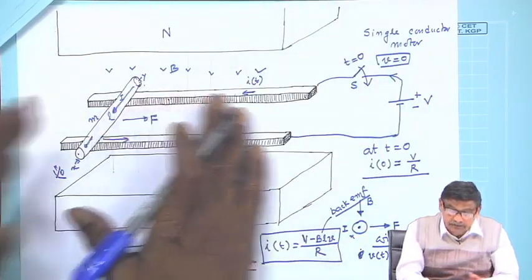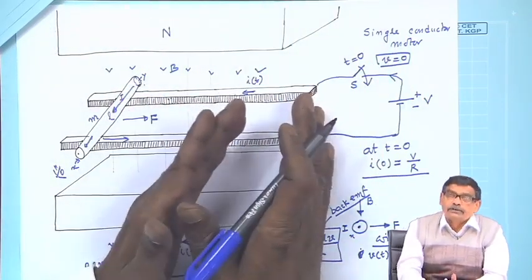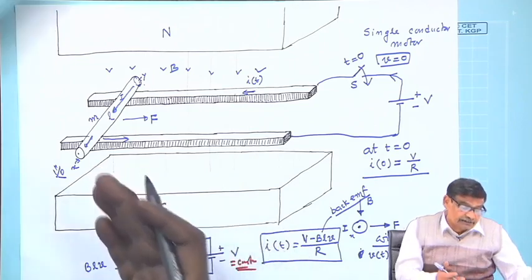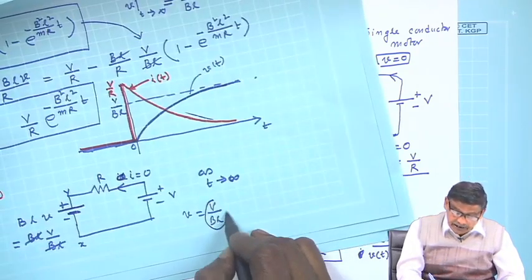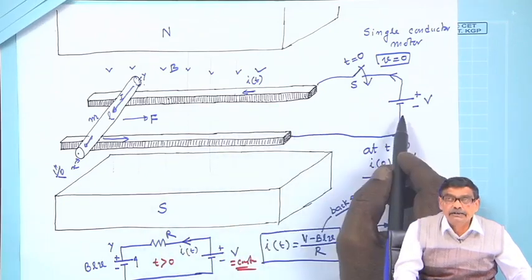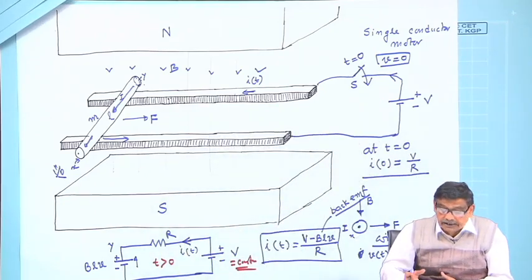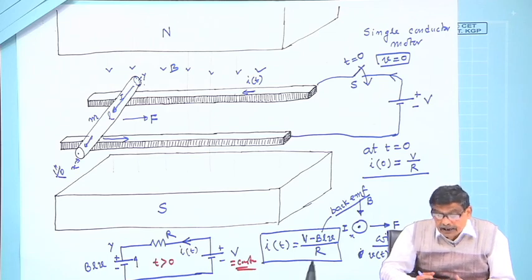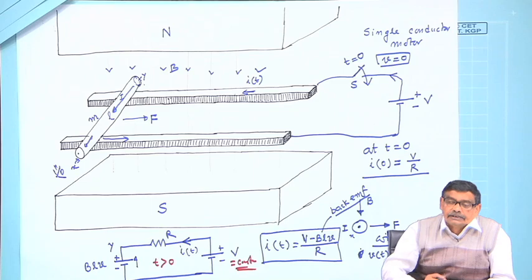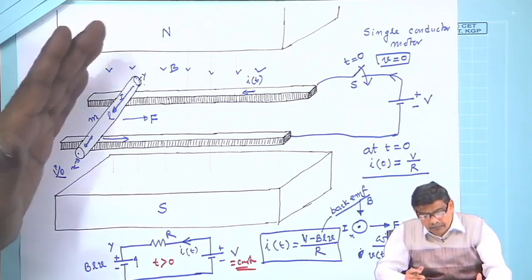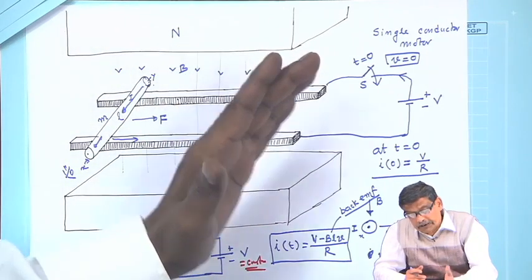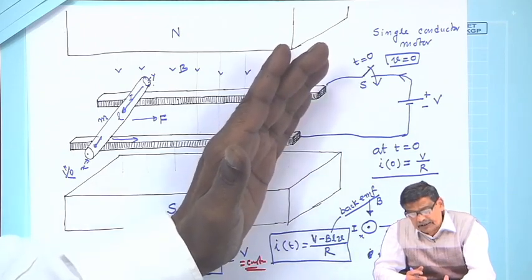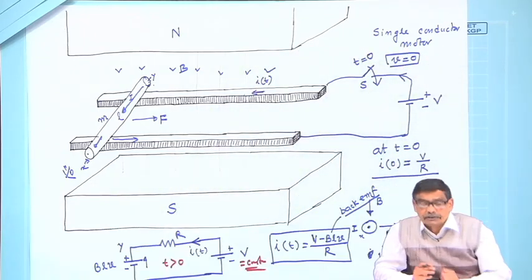The conductor will move with this final velocity V by B L indefinitely, because to move a thing at a constant velocity you do not require any force. Therefore, it is consistent with Newton's laws of motion, because I have assumed there is no friction, nothing. It reaches a final velocity, and after that it will continue to move with that velocity.